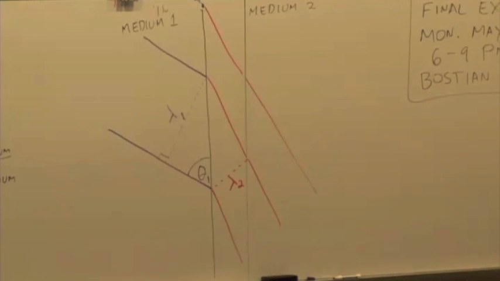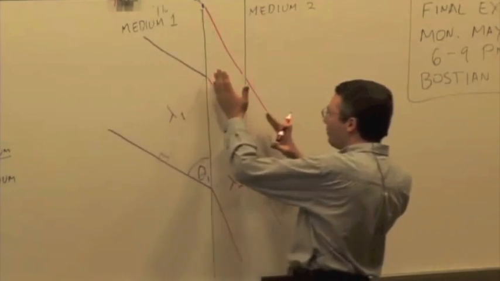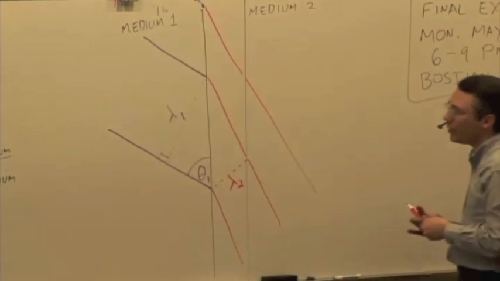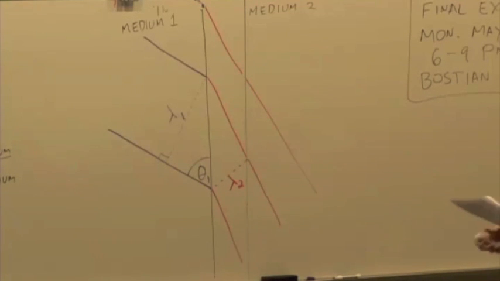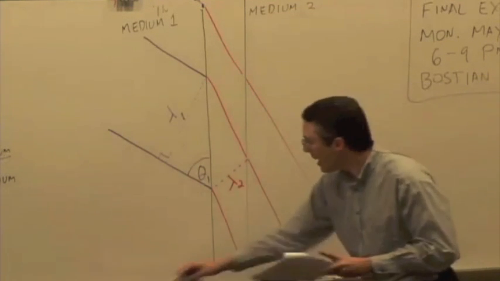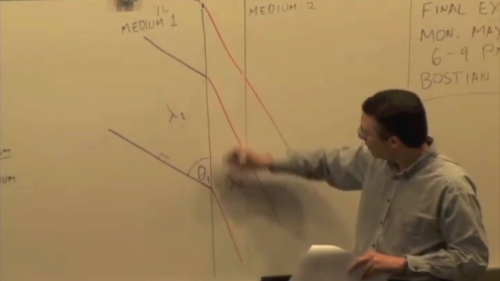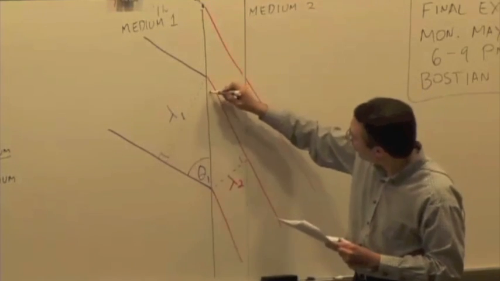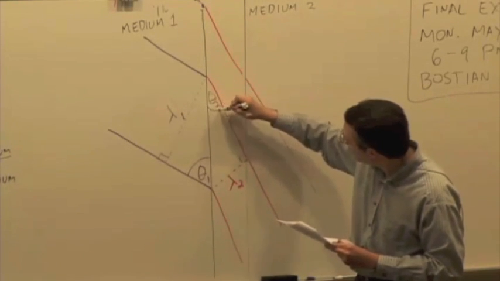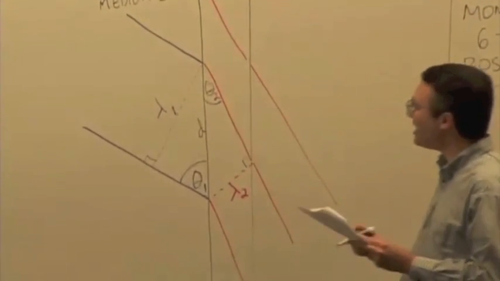The way to think about this is this wavefront is traveling this way, and it bends inside here, and this wavefront is traveling this way now. If we look at these two triangles, here's a right triangle, and here's another right triangle. Let me call this angle theta sub 2, and this side that's shared between them is d.